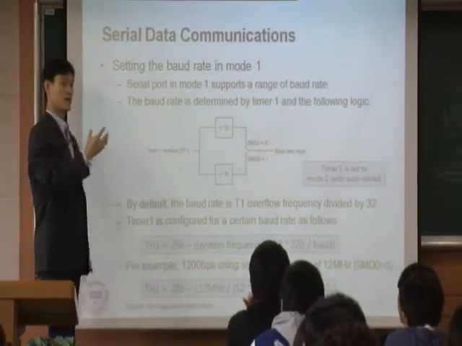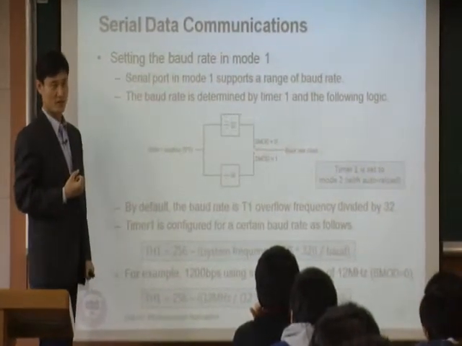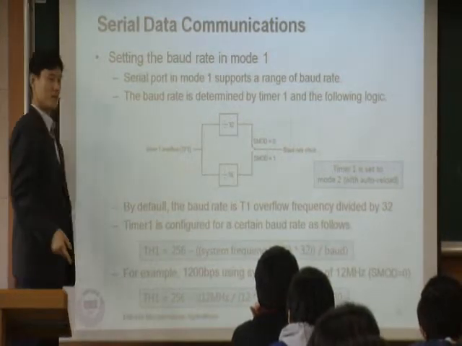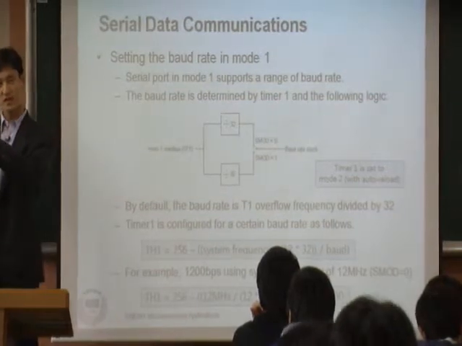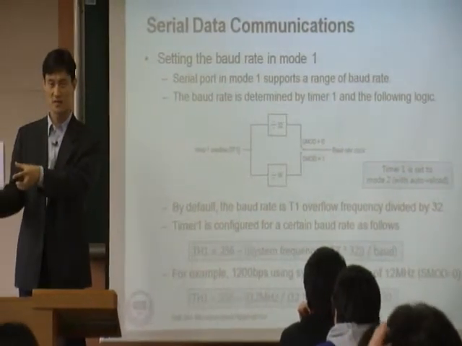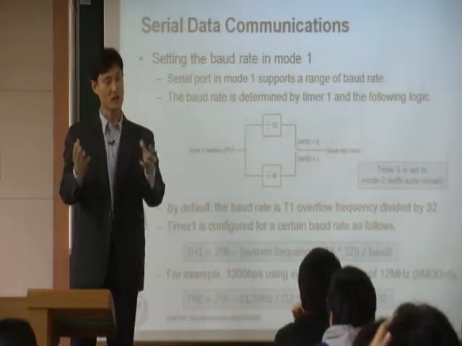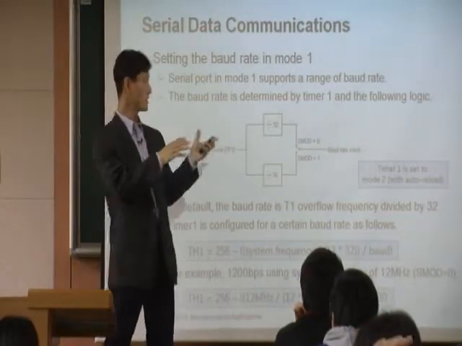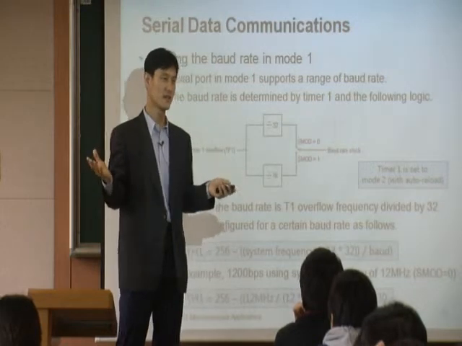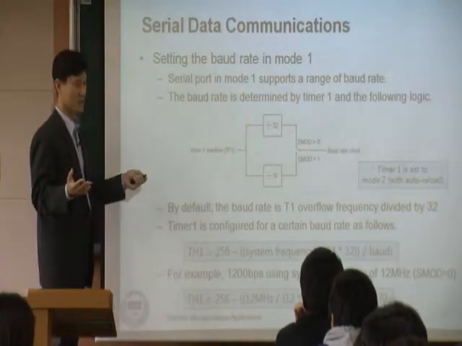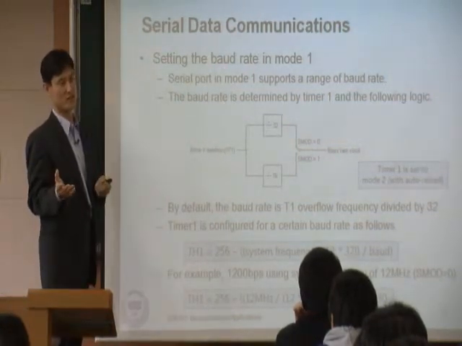This all starts from the timer. Remember that first we learned the interrupts, and after that we learned the timer. Now we are learning serial communication. It's all related. You need to use a timer in order to use serial communications.